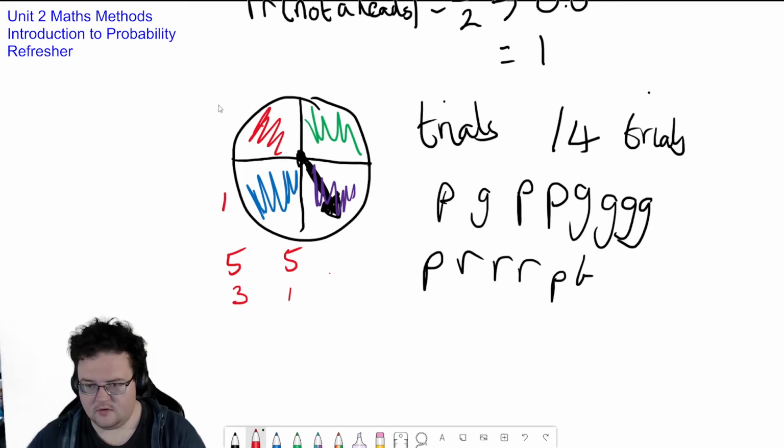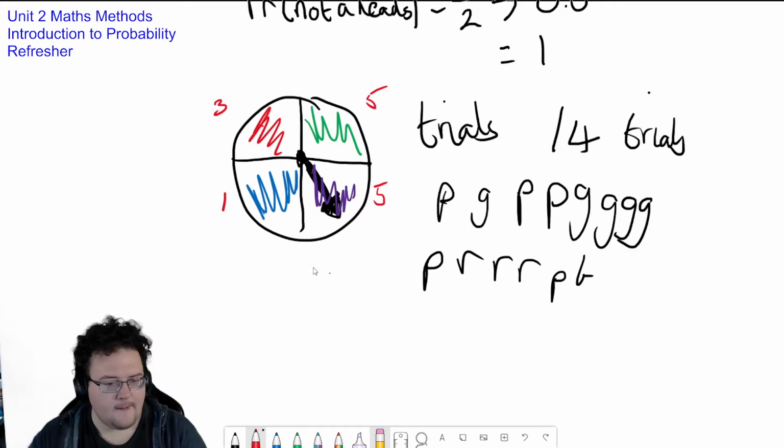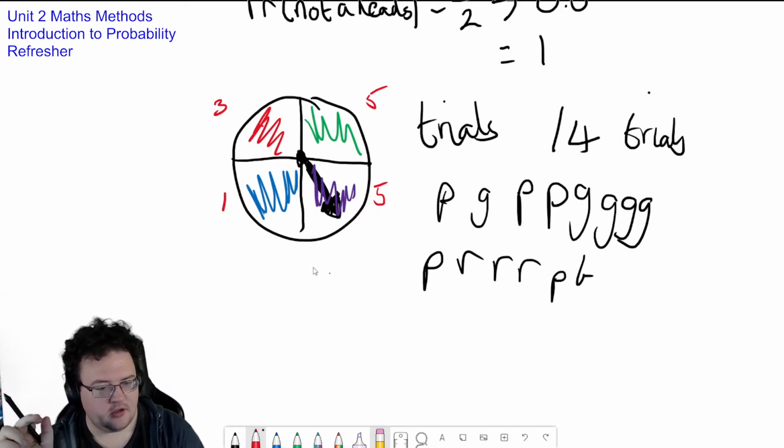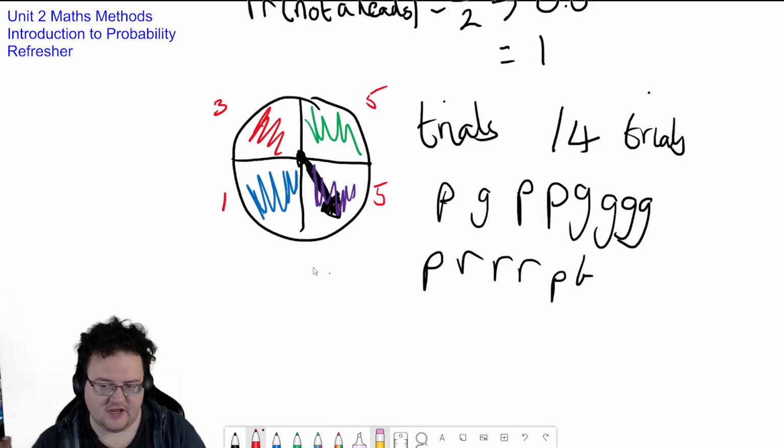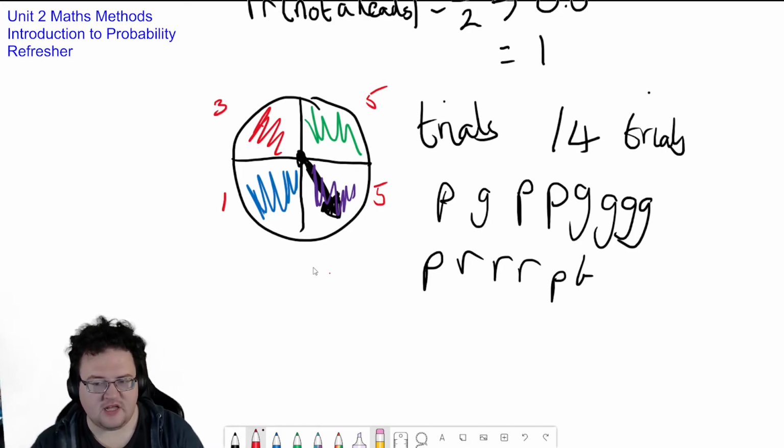So 1, 3, 5. 14 trials. Based on our experiments, if I flick the spinner one more time, what is the probability that it is going to land on red?